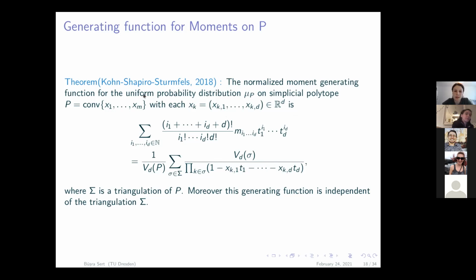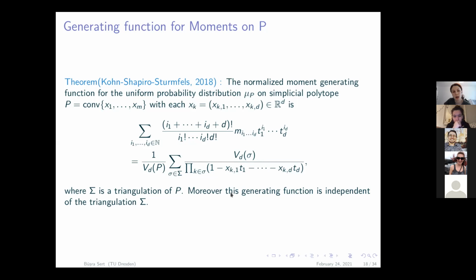For finding the moments of the uniform probability distribution on a simplicial polytope, we have this formula, and here the sum is over triangulations. So we fix a triangulation, and for every element in the triangulation, we write this expression. And this generating function doesn't depend on the triangulation we choose.